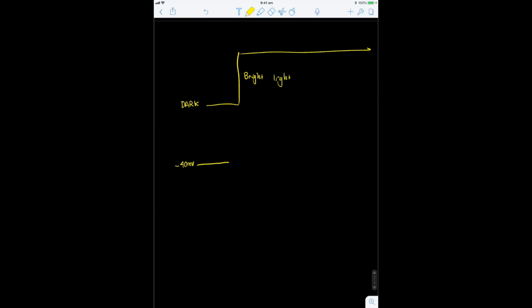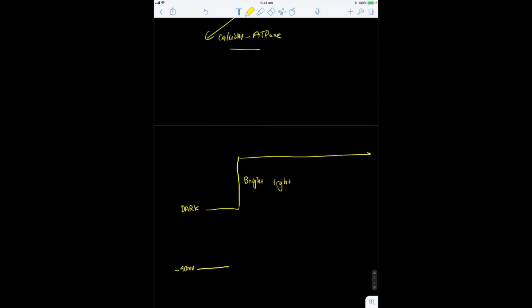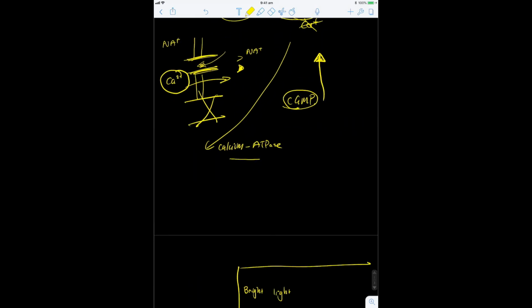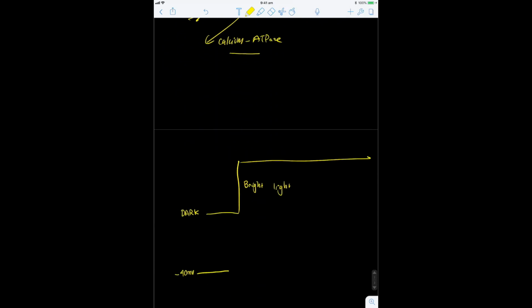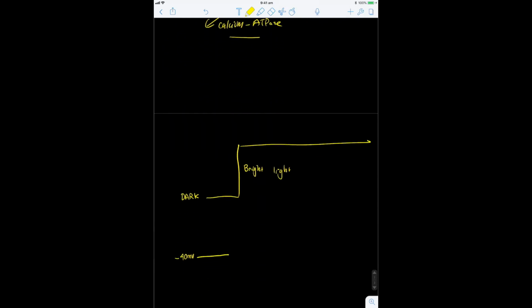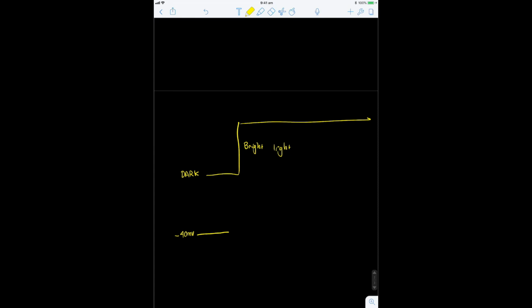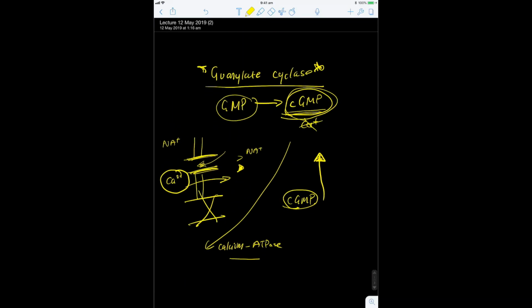Well, we know that as soon as there's a lot of bright light, rhodopsin is going to activate the G protein transducin, which is going to activate the process which will break down cyclic GMP, which will close the channels. Those channels will be closed, so we'll have hyperpolarization because of the leaking out of potassium. And what will end up happening is that we'll get hyperpolarization down here. But we also know that that process is restored and it comes back up here because of our friend GC, which is called guanylate cyclase.